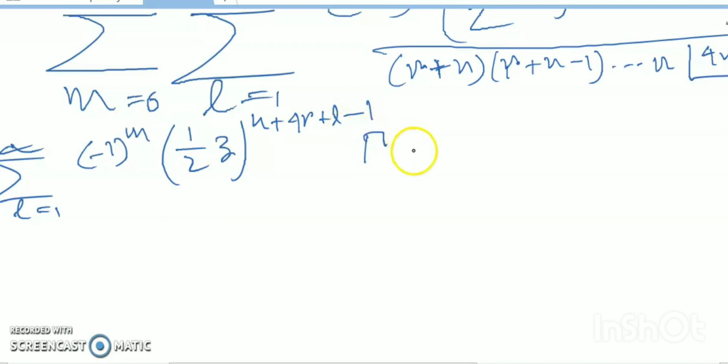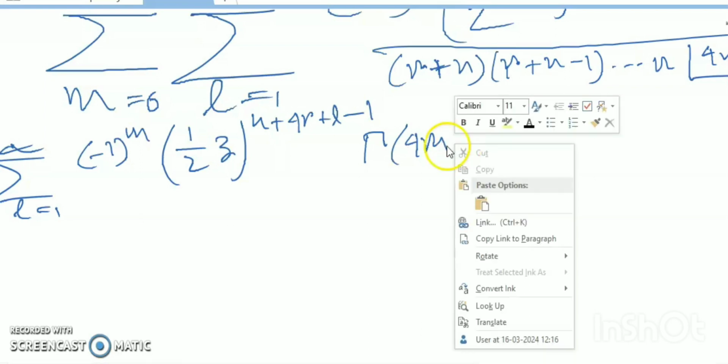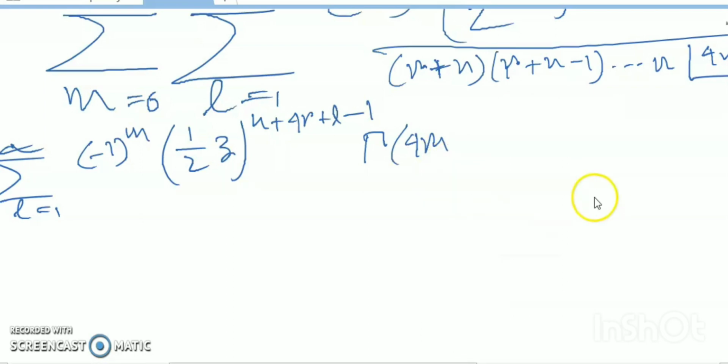Okay, gamma of 4n minus l plus 1 plus r.